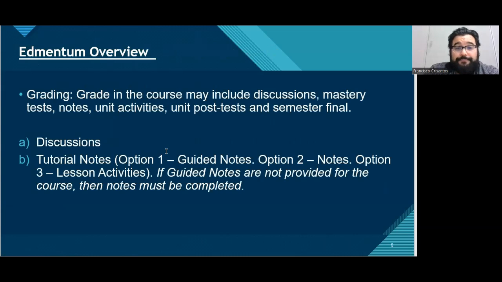Now, as far as grading is concerned in this class, grading is broken down into a series of six categories. First, discussions. Usually discussions will be presented at the beginning of a unit's tutorial, though in some courses the discussion may appear at the end of the unit.